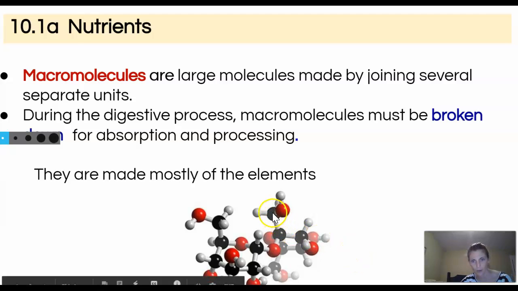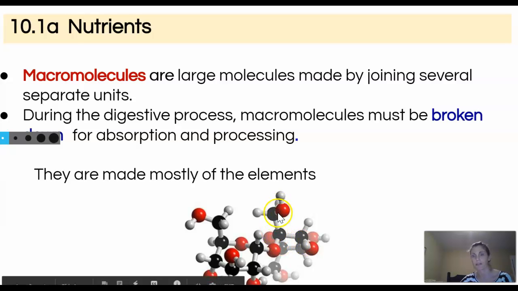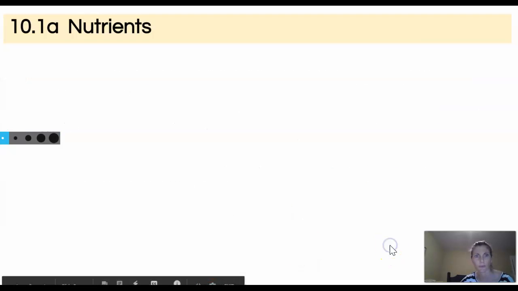Well, I see some carbon, it looks like oxygen, some hydrogen. Those are the most common ones. Carbon is the backbone of life. It is the most common element found in all living things. But often we see oxygen, hydrogen, and in some specific molecules, we'll also see some nitrogen and some phosphorus, right? So those are the elements that we're going to see fairly commonly in our macromolecules.